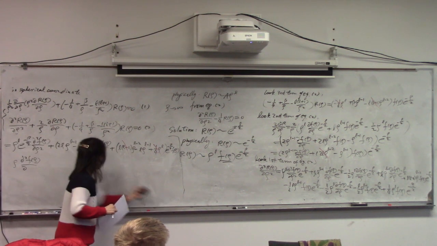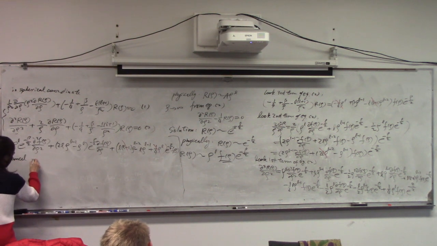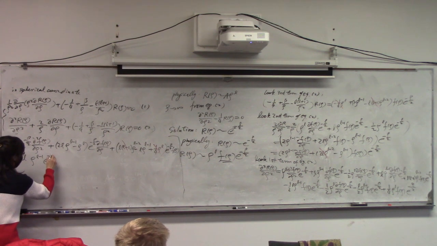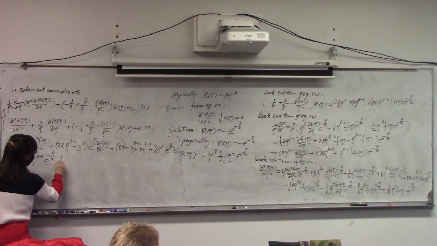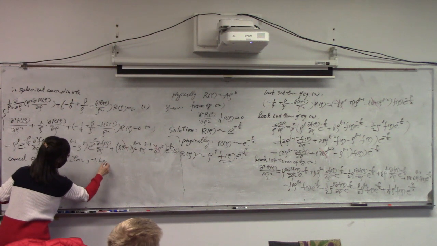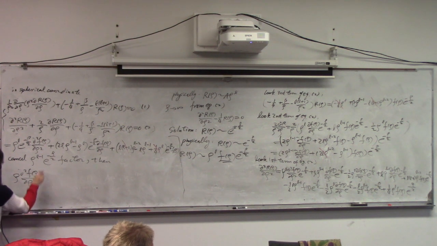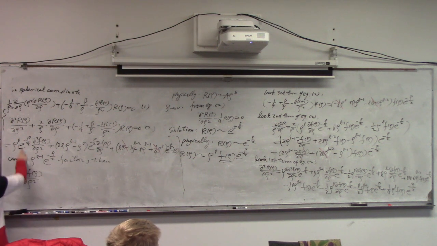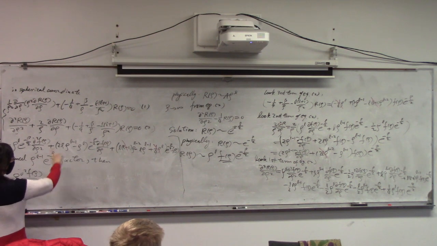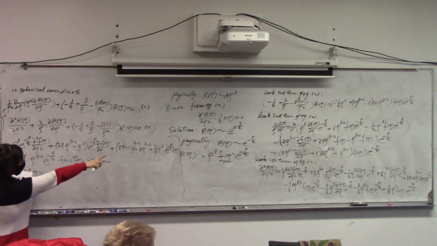Let me do this one. Cancel this factor. Then we have rho. Second order, this one, because we cancel, so we still have this. And the first order here, 2L, we have another L, right?